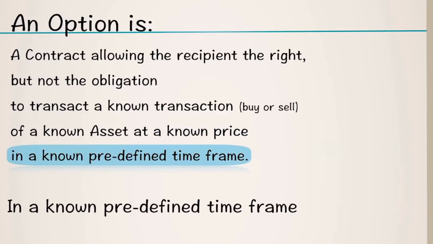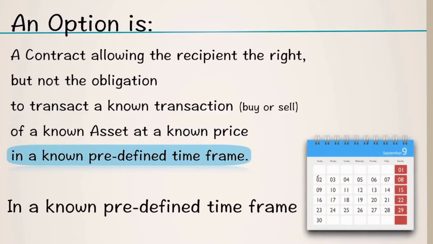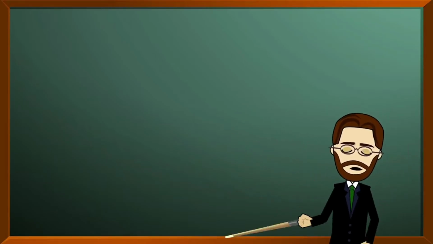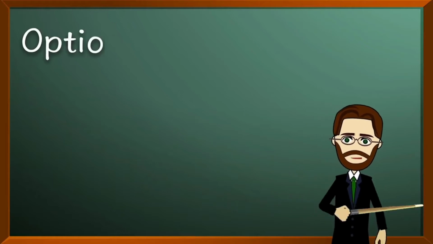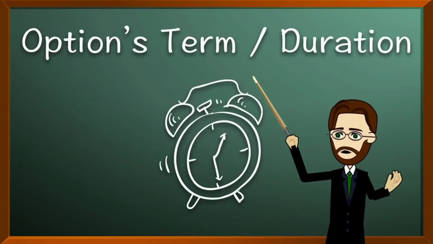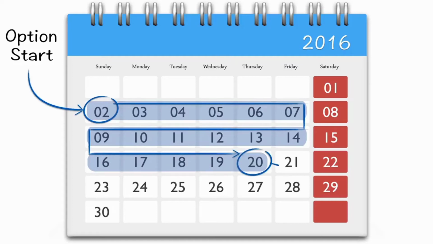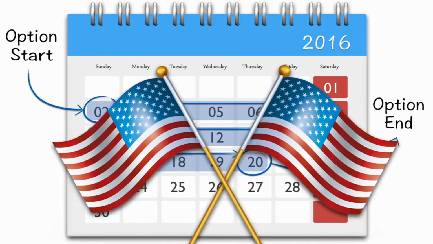In a known predefined time frame. In our case, 1 month. After that time, the option has no value. This predefined time frame in which the option can be exercised is called the option's term or duration. Options that can be exercised at any time during the time period are called American options.